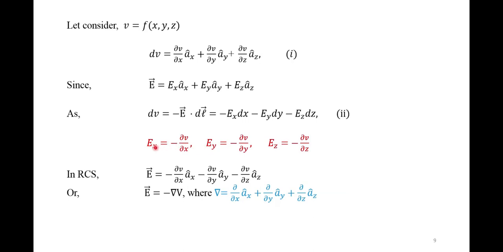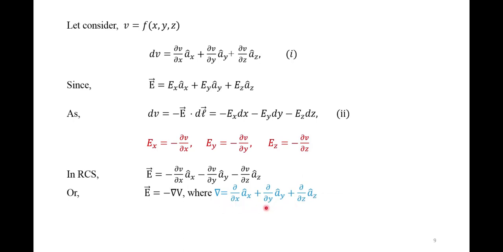Substituting these components of electric field into the expression of electric field, eventually we come across this relation which represents the negative gradient of scalar potential, which actually gives us the electric field, where del represents the vector operator in the rectangular coordinate system and is given by this relation.